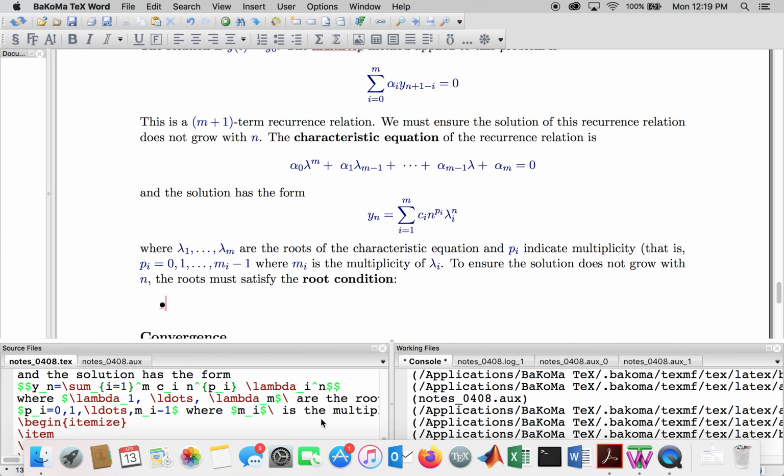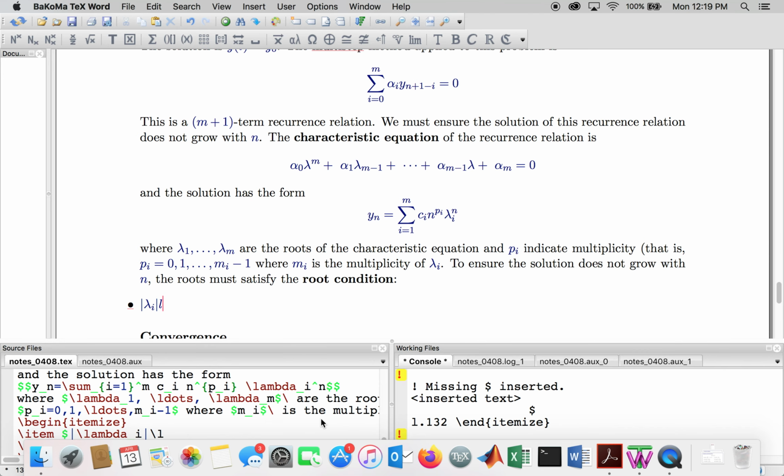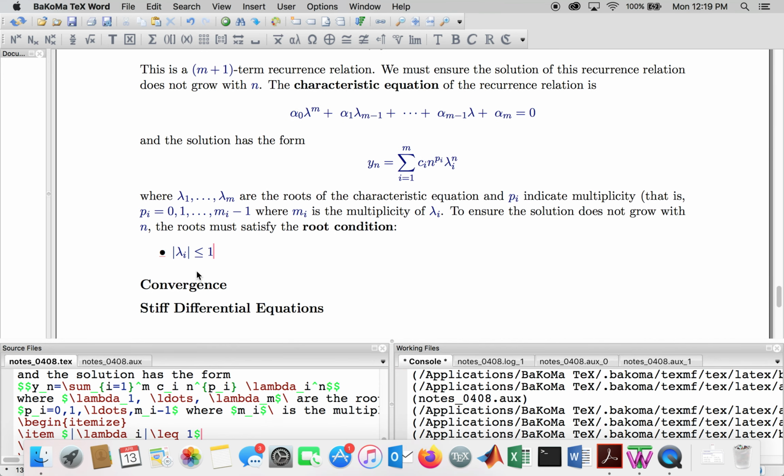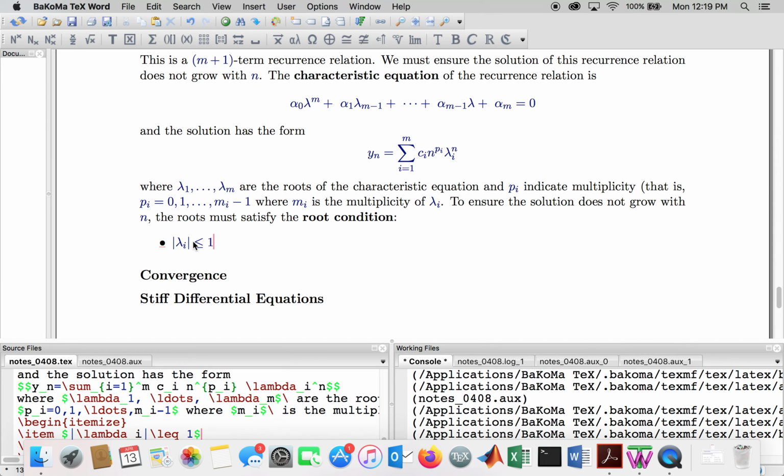So the first part is the roots cannot have absolute value or complex modulus that is greater than 1. It must be less than or equal to 1. If any of these have a modulus greater than 1, the solution will definitely grow with n.